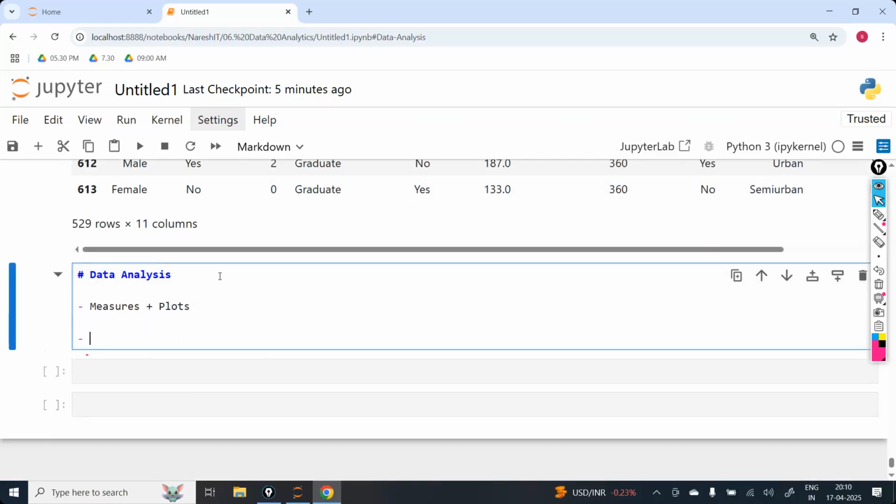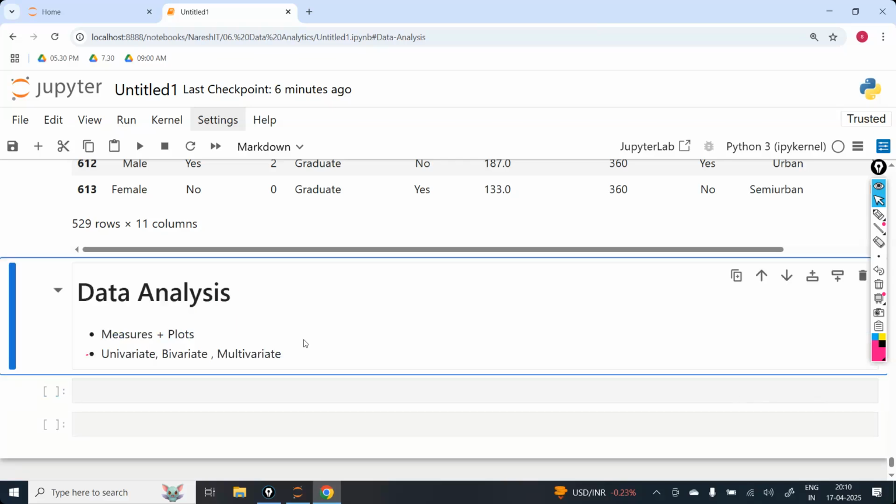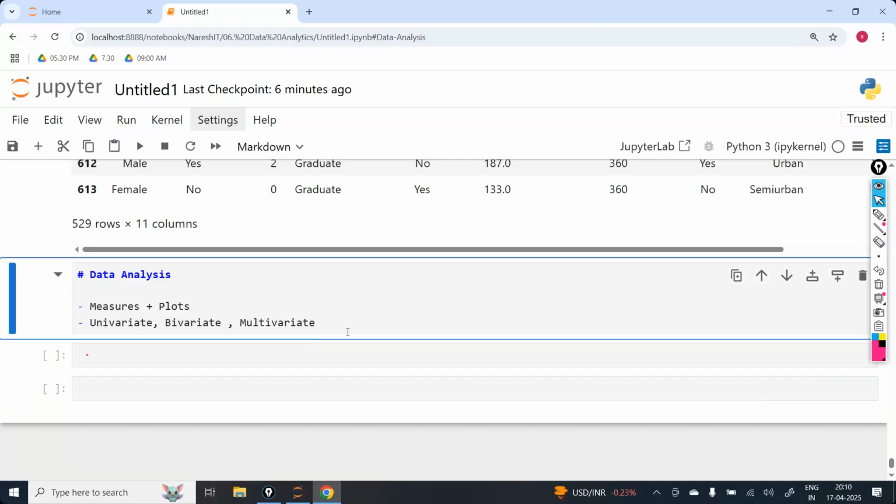Here, univariate measures are available, bivariate measures are available, and multivariate measures are available. Similarly, univariate plots, bivariate plots and multivariate plots are available. So we have to apply all these varieties, every variety we have to do. How? Majorly the data analysis is a combination of this.